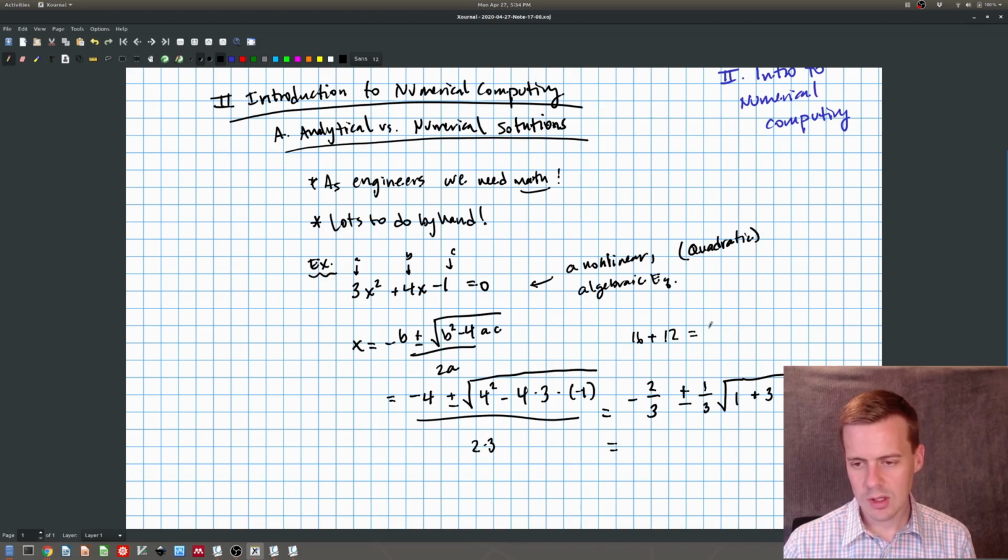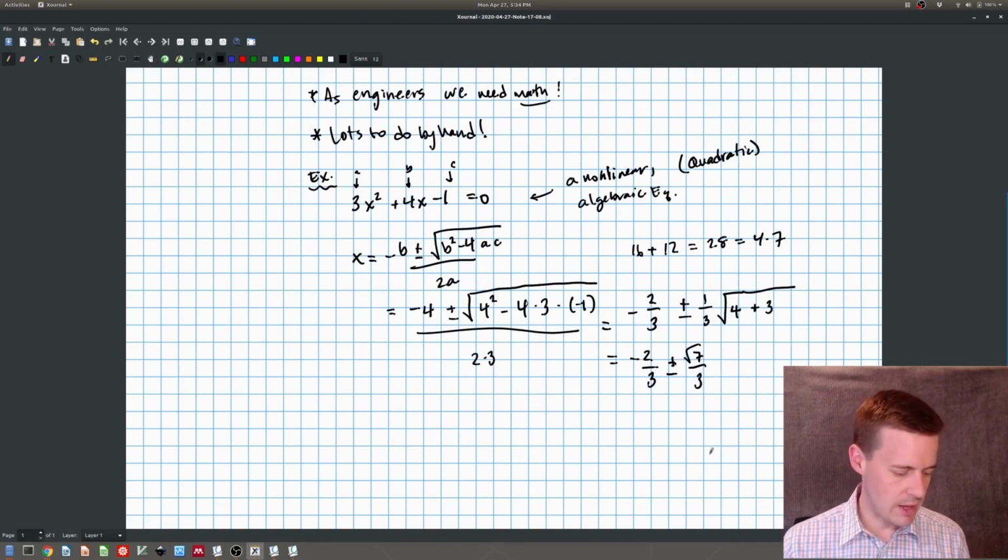Plus 12, that gives me 28, which is 4 times 7. So when I pull out a 4, I should have a 7 in here. So what did I miss? I pulled out 4 squared. I should have a 4 there. Boom, that's it. Okay, so minus 2 thirds plus or minus the square root of 7 over 3. Okay, so quadratic formula. Apologize for my little math misstep. Okay, so that one we can do by hand.